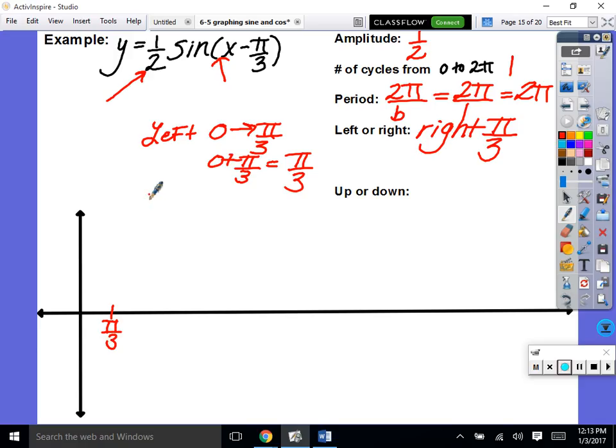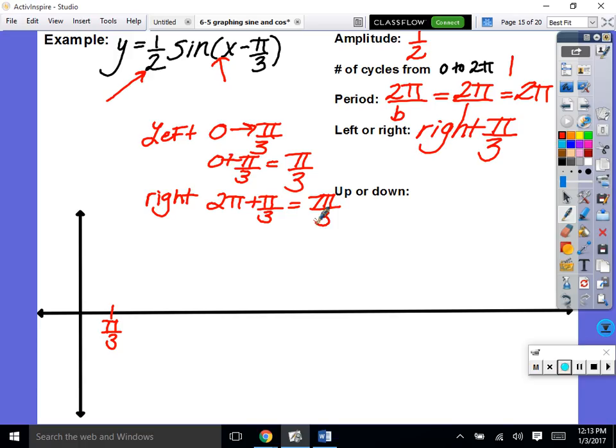And then our right endpoint, think about it. It used to end at 2 pi, but now it's shifted right pi thirds, so we'll be adding pi thirds. So we'd have to get a common denominator, so what do we get? 7 pi thirds.